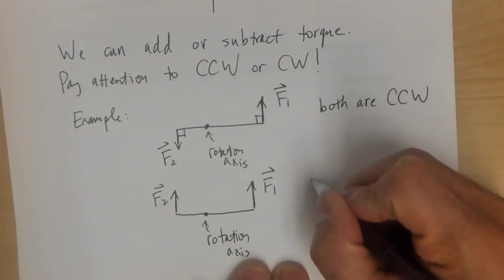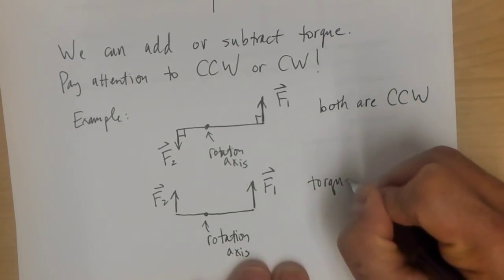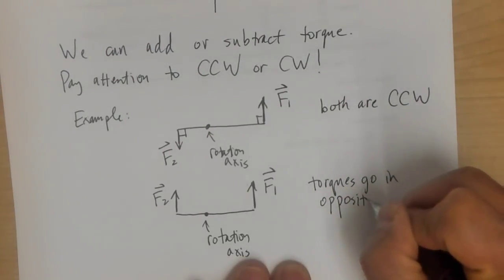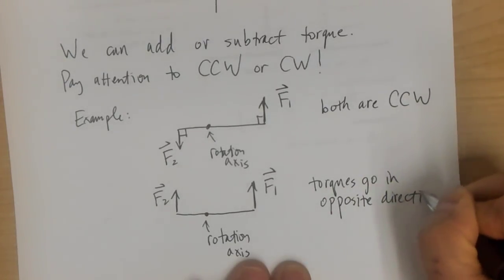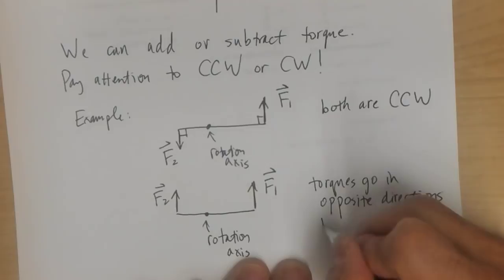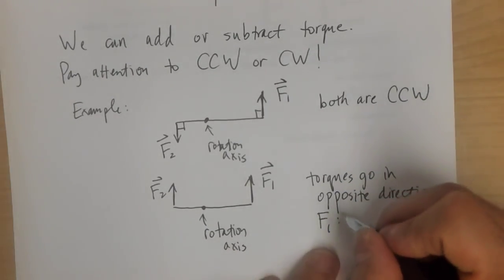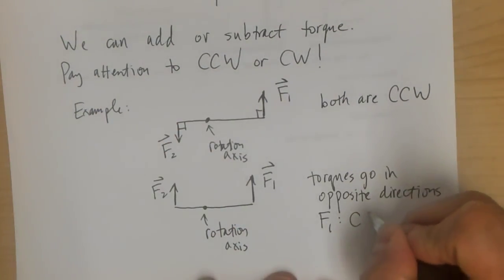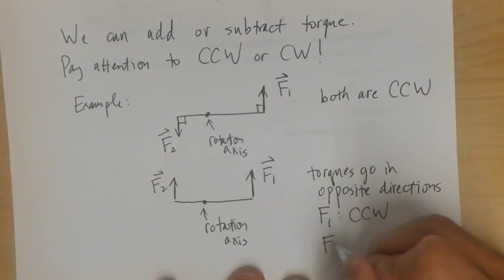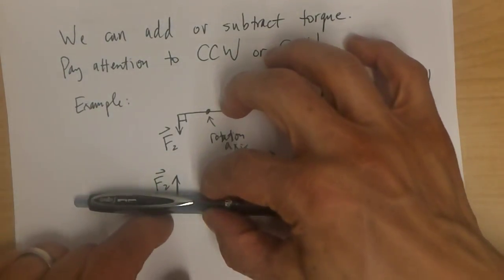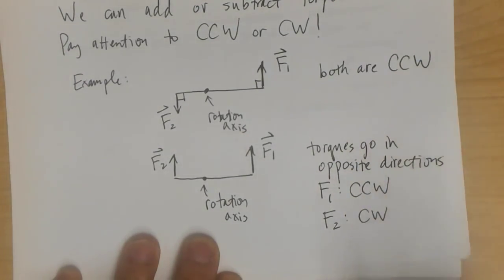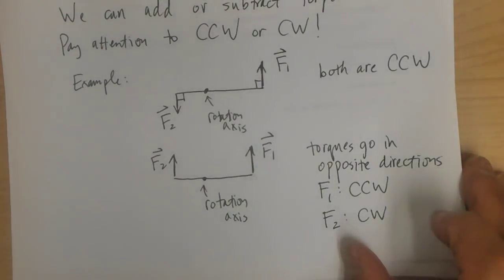So the torques go in opposite directions. F1 is going to go in the counterclockwise direction, whereas F2 is trying to make it go in the clockwise direction.